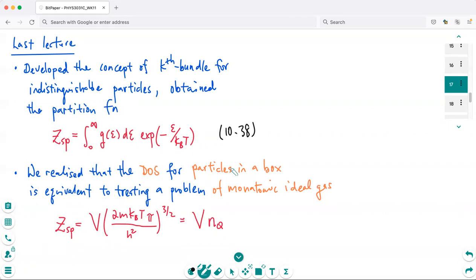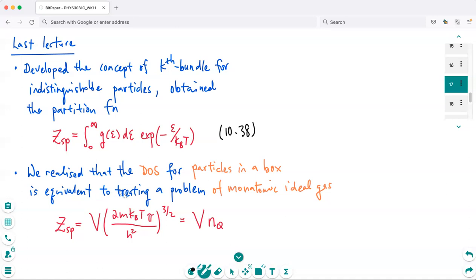And this ideal gas is a monatomic ideal gas because we only have the translational kinetic energy included in our Hamiltonian. I didn't solve the Hamiltonian, but I told you this is the answer. You learn it in other courses. With this recognition, the next thing to do is to plug in the value of the density of states.